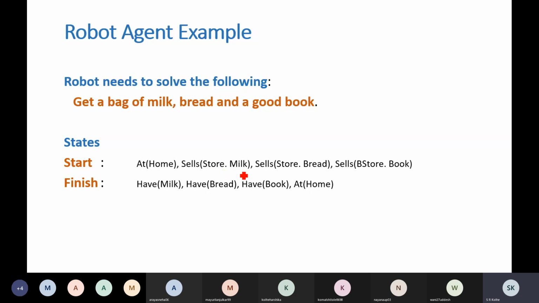Store sells milk. Store sells bread is true. B store, that means bookstore, sells book. So this is given initially. What we have to achieve is that robot will have milk, robot will have bread, robot will have book, and robot will be at home. So that is the goal that we will have to achieve.